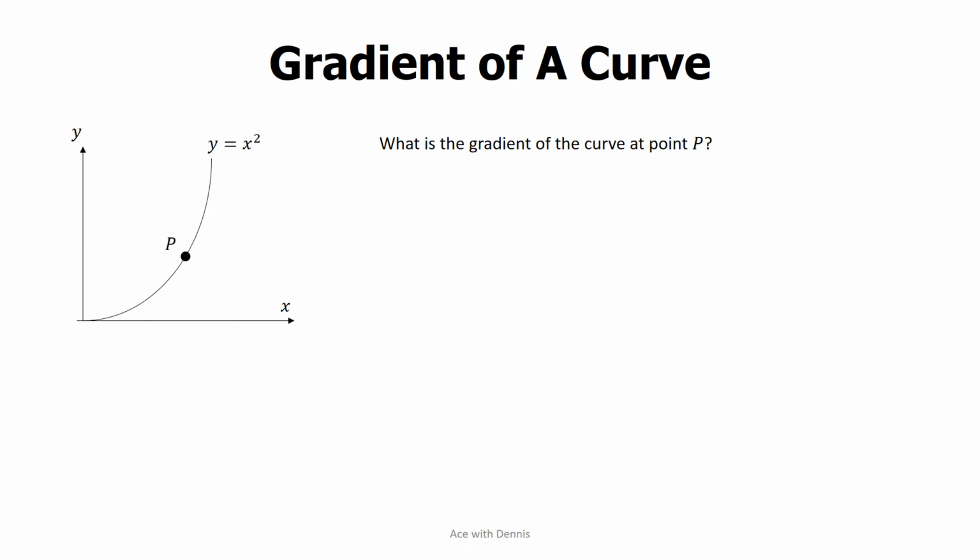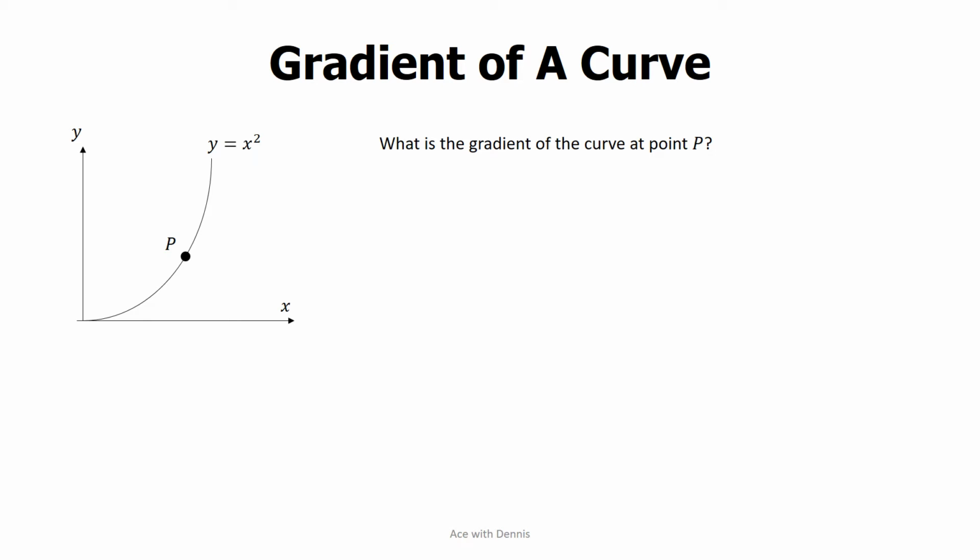This question looks simple, but actually it has been extensively discussed and argued by many mathematicians in the past for decades. They introduced their own ways to find the gradient of one point on a curve.